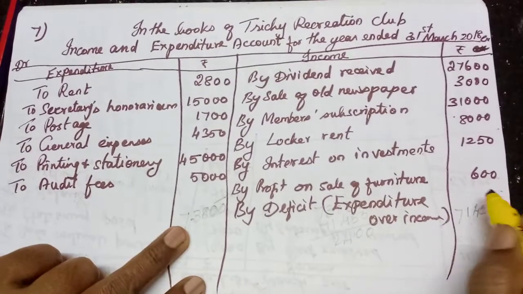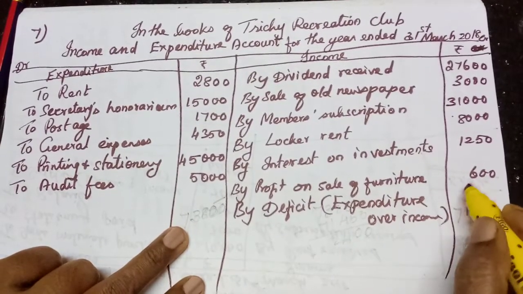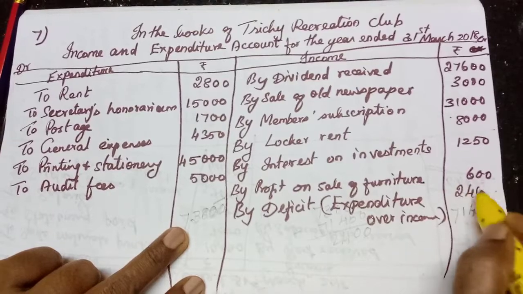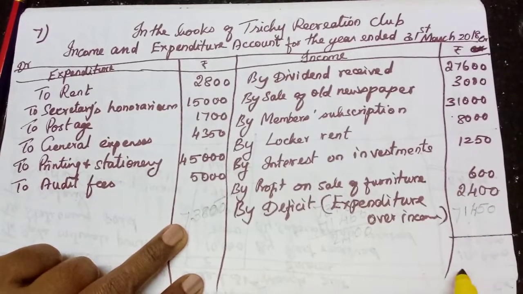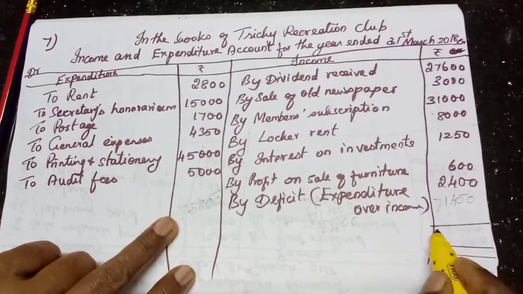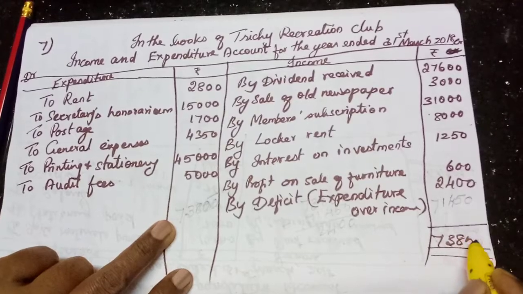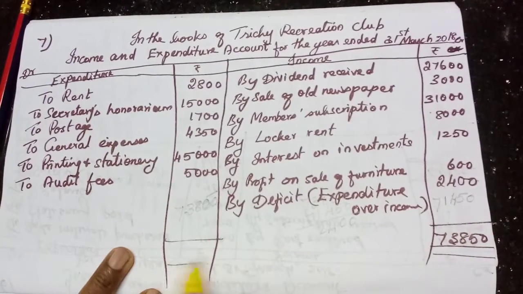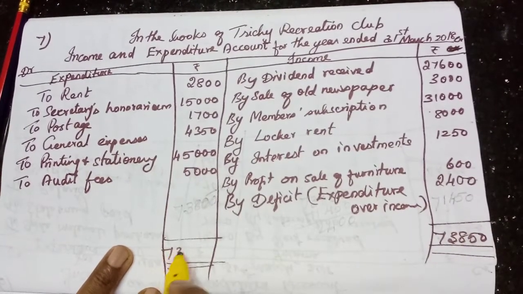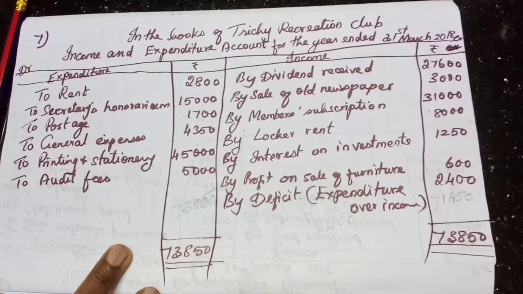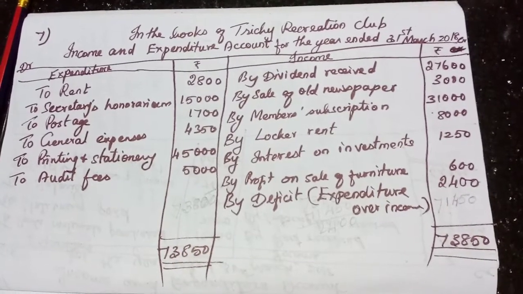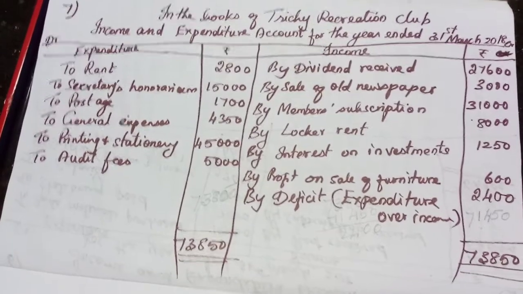How much? 2,400. What is the total amount? 73,850. Understood? So we have got that answer.